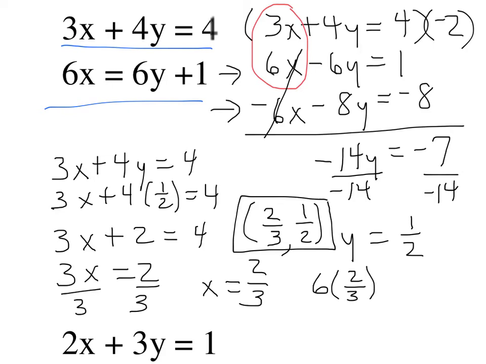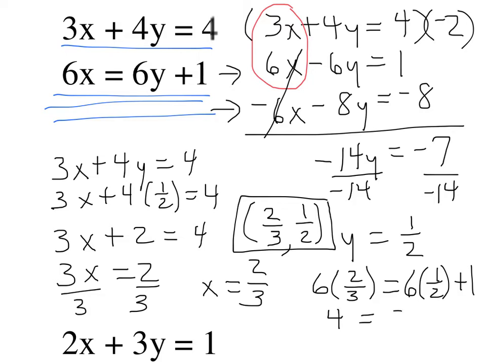So substituting that value into the second equation, we will find out if it checks. 6 times 2/3, does that equal 6 times 1/2 plus 1? 6 times 2/3 is 4. Does that equal 3 plus 1? Yes, it does. It checks. So we substitute our values into the other equation that we haven't used yet, and we check our answer.